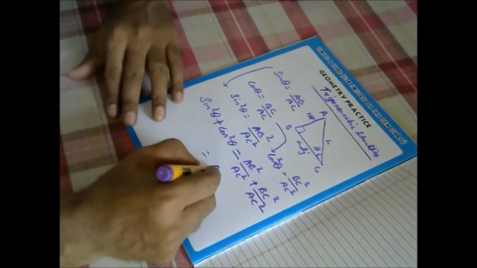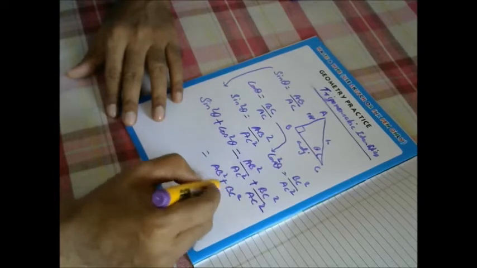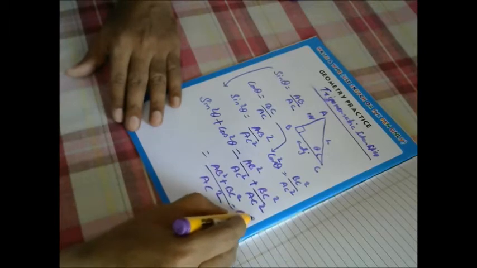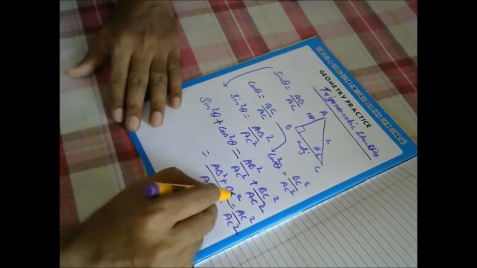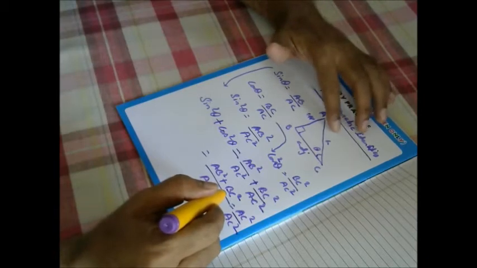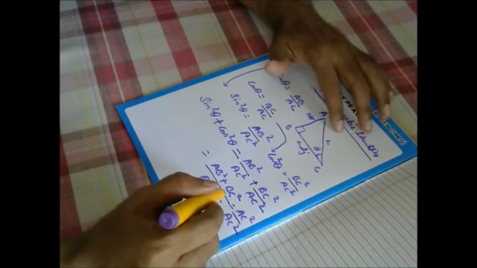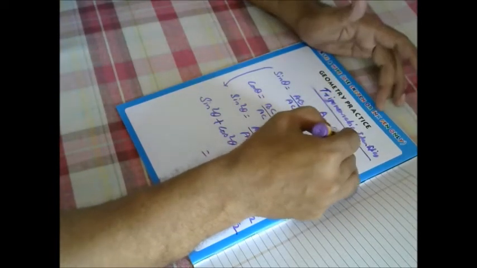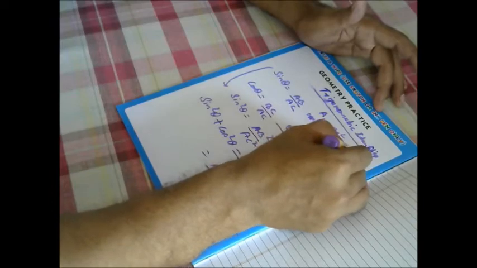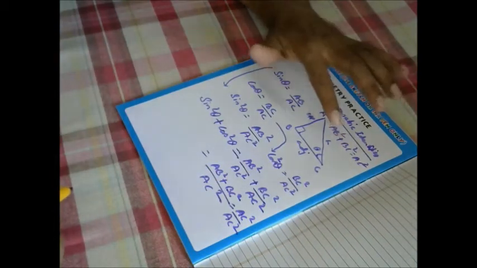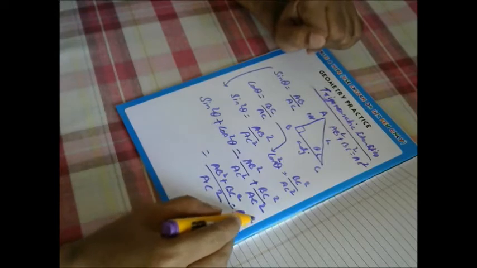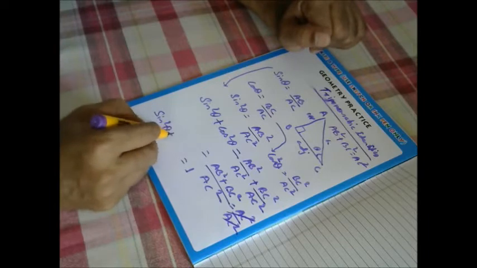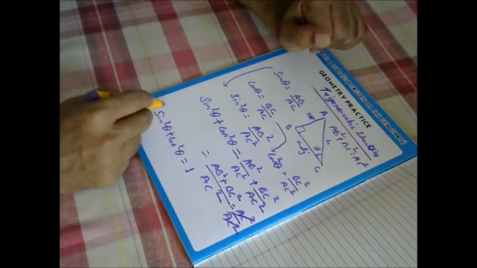This gives AB square plus BC square divided by AC square. From Pythagoras theorem in a right angle triangle, AB square plus BC square is equal to AC square, the hypotenuse. So AC square by AC square cancels and gives 1. So sin square theta plus cos square theta is equal to 1.